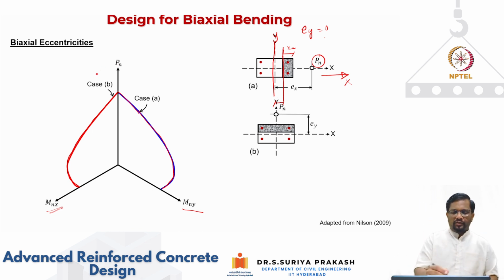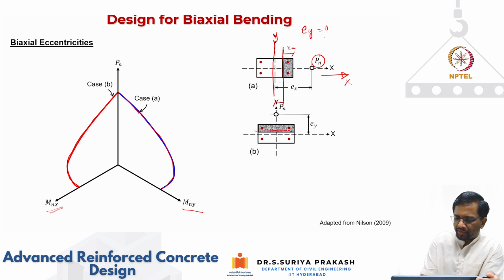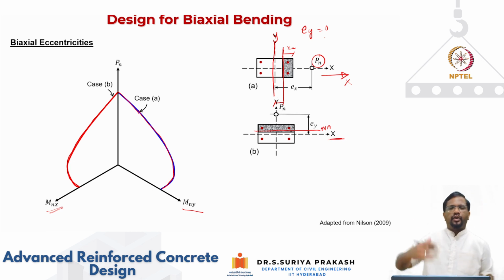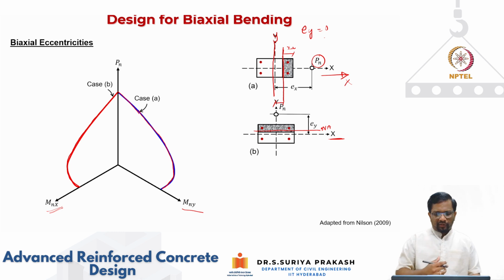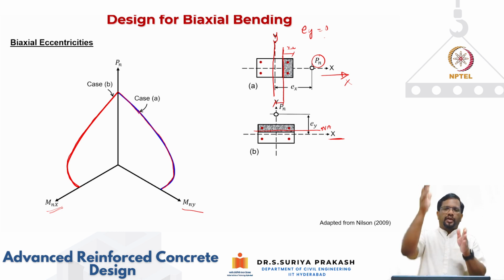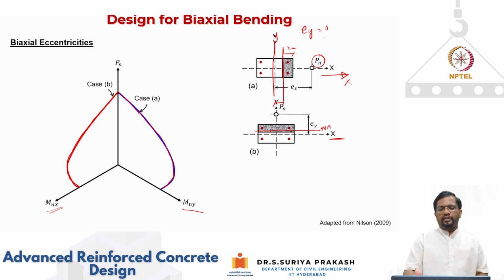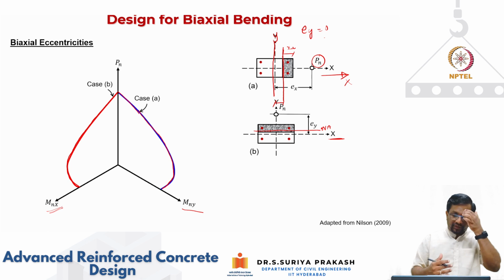So that's how we get this case B. Here also you find that this is your neutral axis, and it is parallel to the axis of bending. What is the axis of bending? It is x. So the neutral axis will always be parallel to the axis of bending. In the first case, the neutral axis was parallel to the y-axis. In this second case, the neutral axis is parallel to the x-axis. So this is the way we get it.